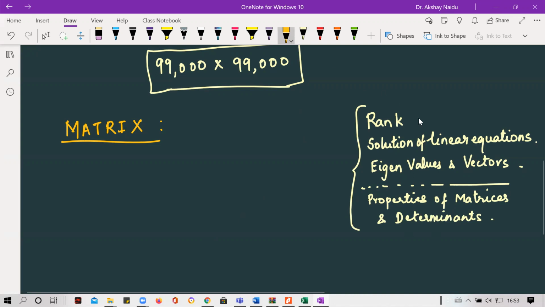However, the main focus is on these. But to reach here, we have to learn the basics.